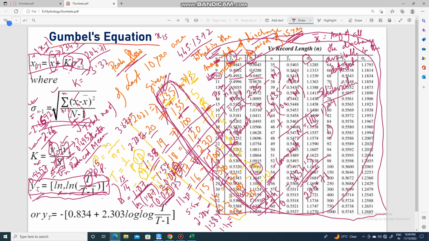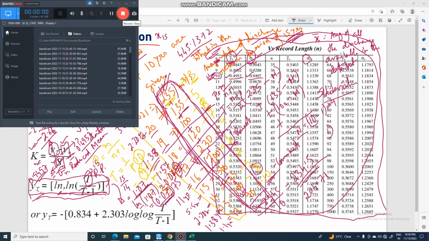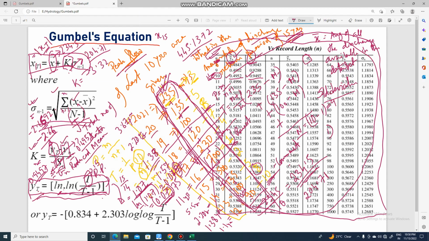If the third digit is less than 5, keep the second digit as it is. If it is 5 or more, increase the second digit to the next higher number. So what we found is minus 2.66.